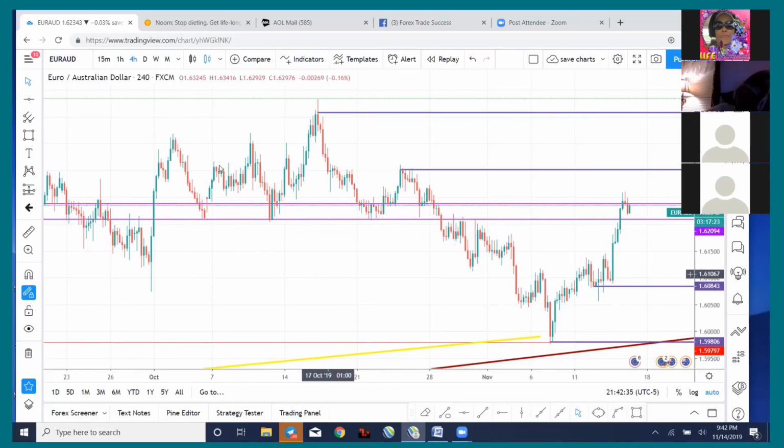All right, it finally broke that structure. It went all the way down to the major swing low. Now we started climbing up again. Price started going up, and now it has reached that zone. Remember, it's not one line, it's a zone, an area.